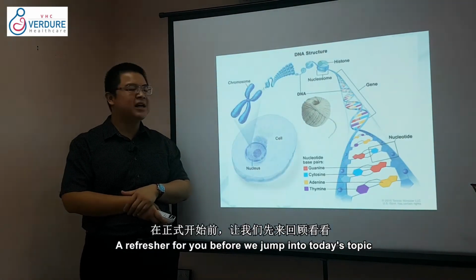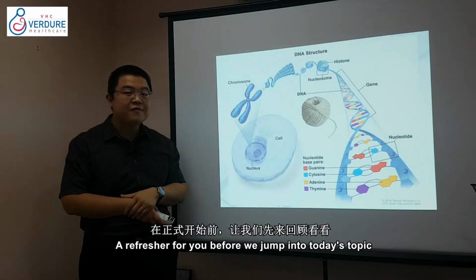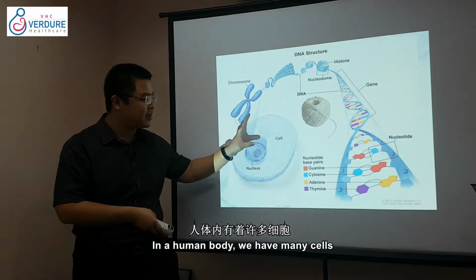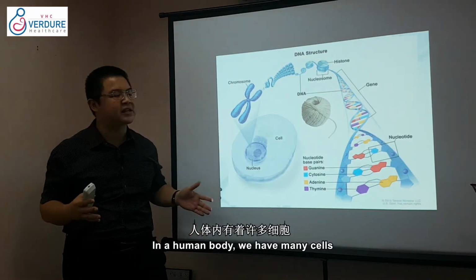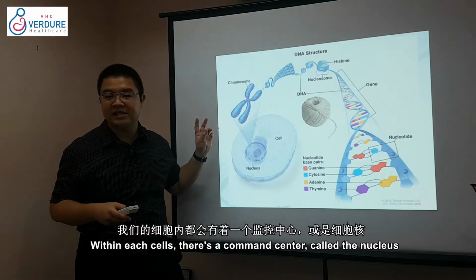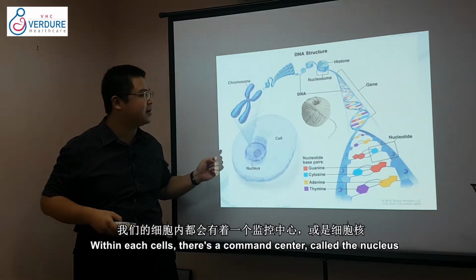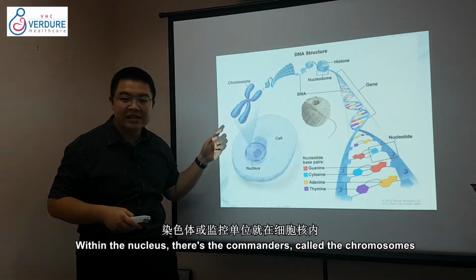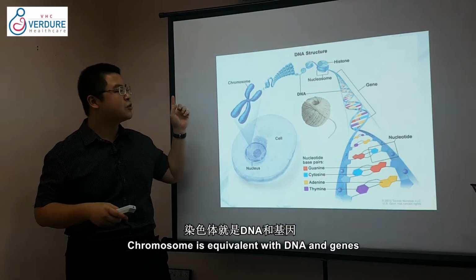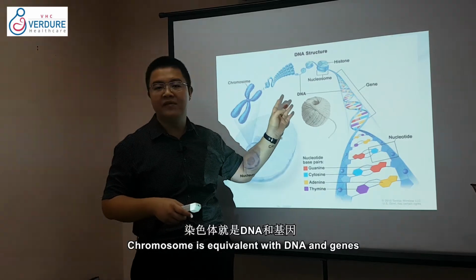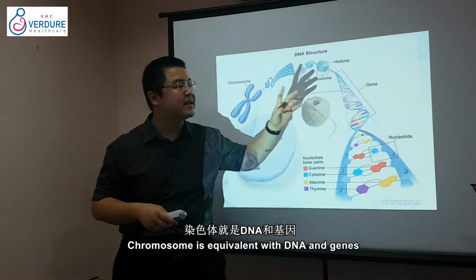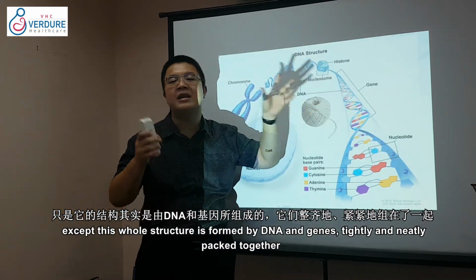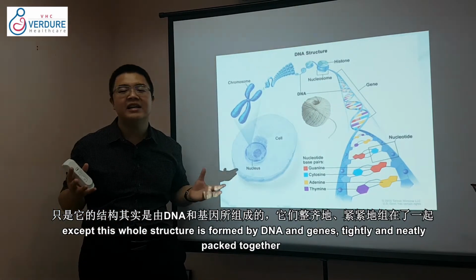Just to give you a bit of a refresher before we jump right into it. In the human body we have many cells, and within each cell there is a command center called the nucleus, and within the nucleus there are the commanders called the chromosomes. A chromosome is equivalent to DNA and genes, except this whole structure is the DNA and the genes packed neatly and tidily together.